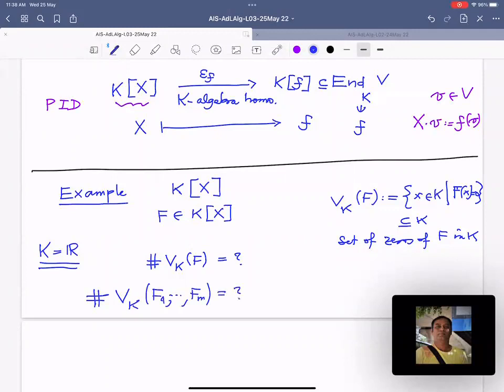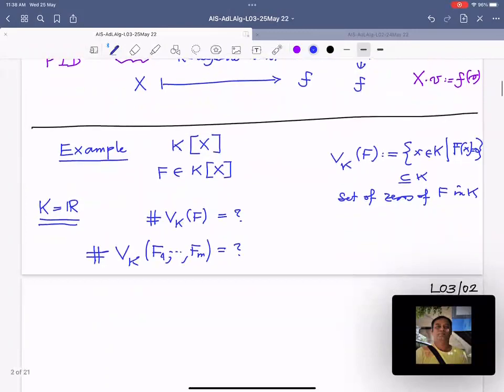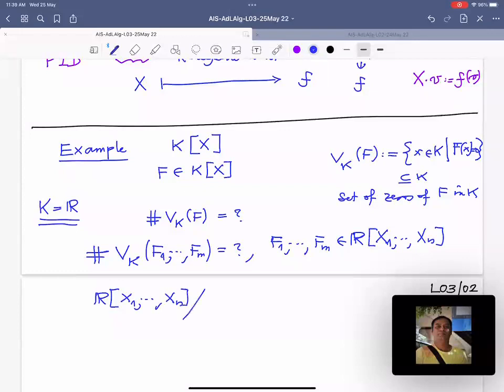But we had an assumption that F1 to Fm are polynomials over the real numbers in x1 to xn, such that when I go modulo the ideal generated by F1 to Fm, this is a finite dimensional R-vector space.